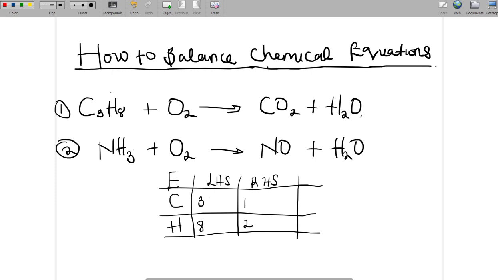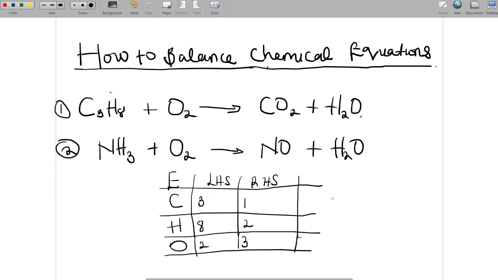I'm going to extend this line to accommodate other species. The next one is oxygen, which is our O. How many oxygen atoms do we have on the left? We've got 2. And on the right, we have 2 plus 1. Remember, this is just a subscript of 1 here. Therefore, 1 plus 2 gives us 3.